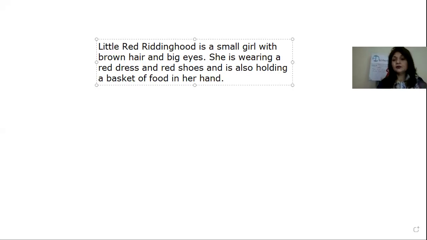Now remember, we are describing the character as it is in the story, how she looks in the story. That is why I have written it in the present continuous tense, that she is wearing a red dress and red shoes and is also holding. So this is written in present continuous tense.